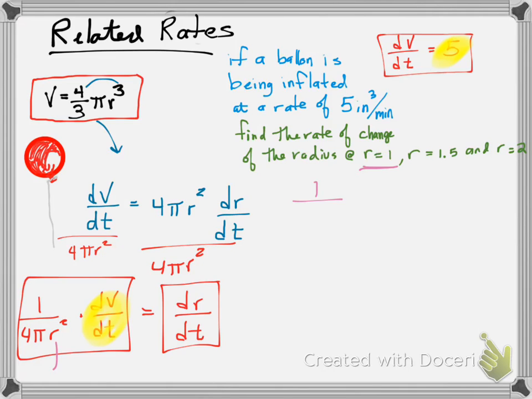So 1 over 4 pi times 1 squared times the 5, which would give me 5 over 4 pi. Which the decimal equivalent would be 0.397887. So I'm going to say 0.398. And that is inches per minute.